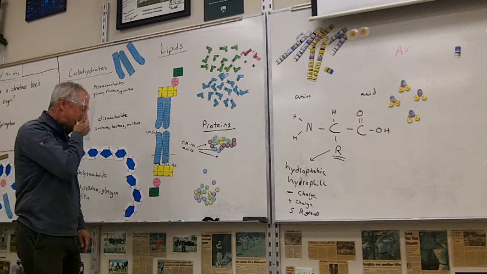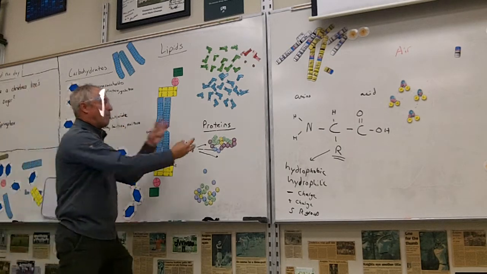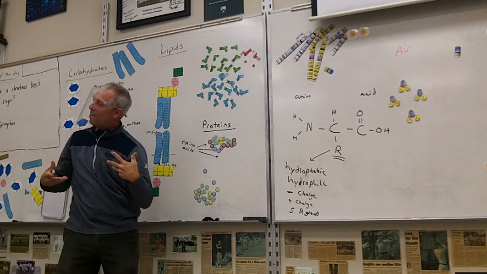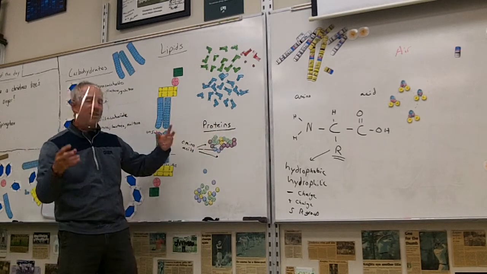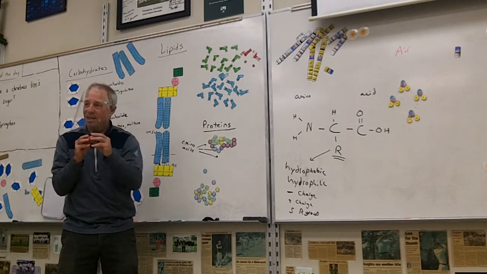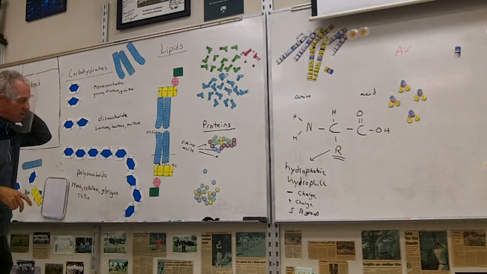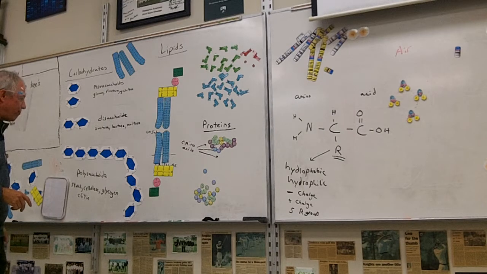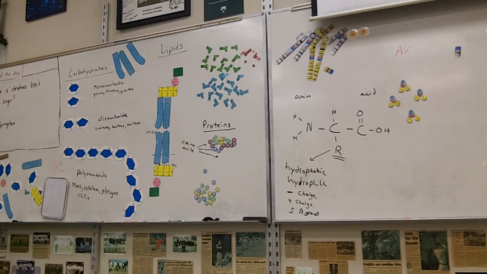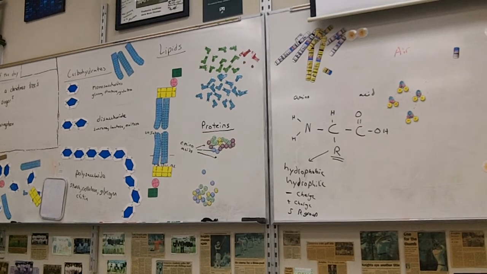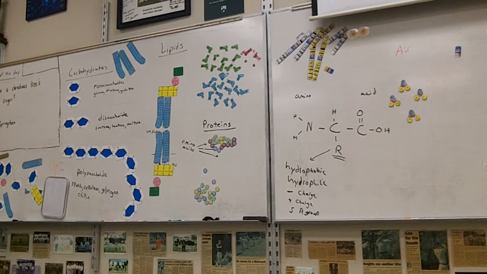I followed you. So there's a lot of bonding that goes on when you're talking about amino acids. There's a lot of talk of bonding and structure and stuff like that. So here's the other thing about protein.